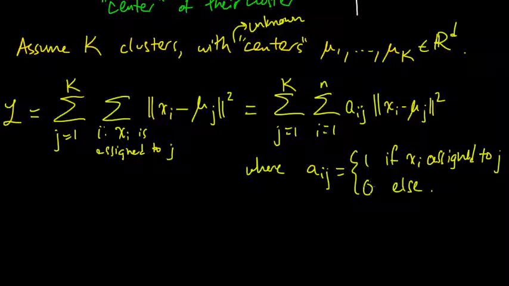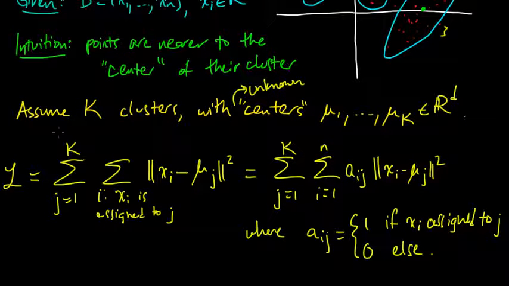Now the k-means algorithm, so that's sort of the setup. So the k-means algorithm says, okay, this is the thing that we are trying to minimize here. We're trying to minimize this L quantity, so we want to choose mu's and a's to minimize this. But it's difficult to minimize this analytically.